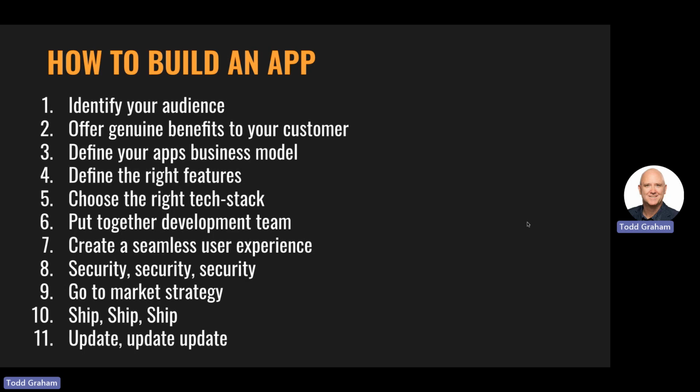After that, we get into more technical issues, which aren't necessarily part of the competition, but I like to review them in any case. They include choosing the right tech stack, the right group of software or technologies that are going to be used to create your application. That's a whole other process in itself. We use the word tech stack because most applications now are built upon multiple software technologies like JavaScript and C# and Bootstrap and Angular.